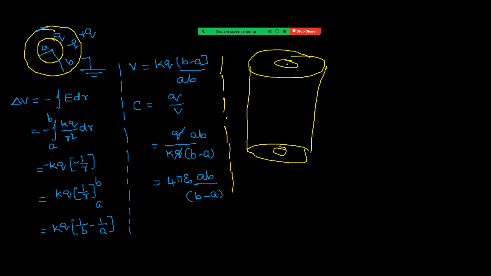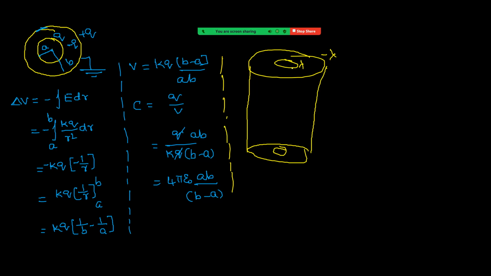Let us say the inner one is given charge, or let us say charge per unit length, that is lambda. The outer one is given minus lambda. So either we can take giving charge only to the inner one and grounding the outer one, that is one way. Otherwise giving plus and minus, both are the same.